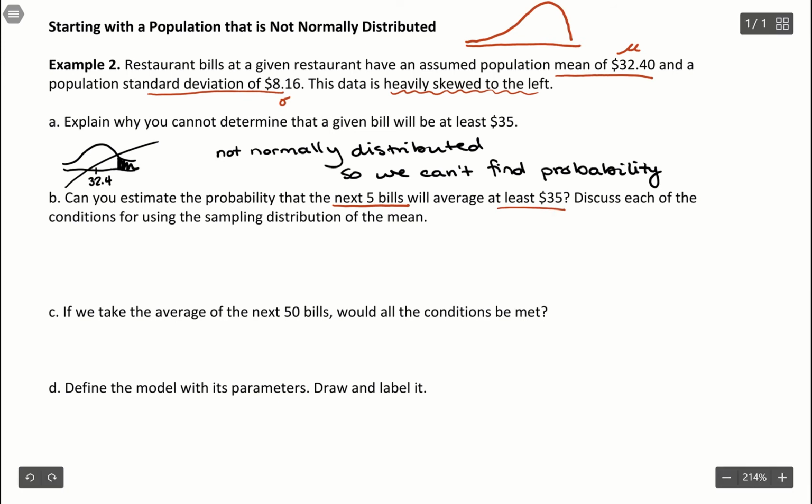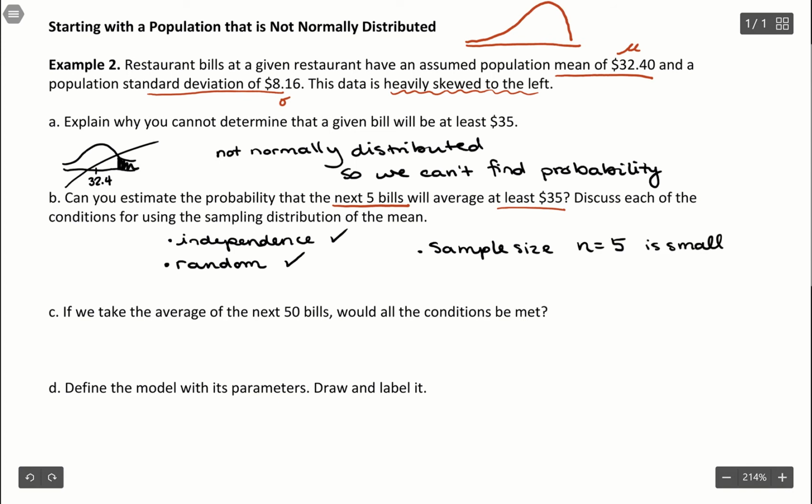So if we think about our central limit theorem, we could think about independence, and we should have independence here, like one bill to the next should be independent. And then randomization, we'll just go ahead and assume we have a nice random sample, but then our last condition is where we check sample size. And we have the sample size of 5, which is small, if we use that kind of cutoff of 30.